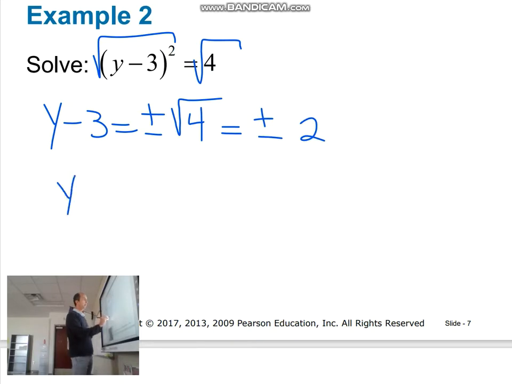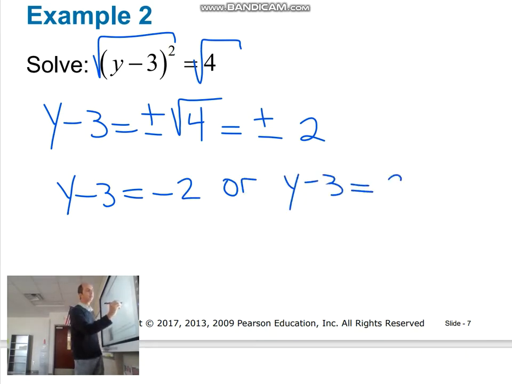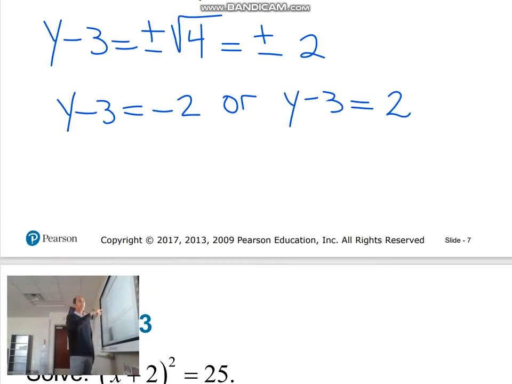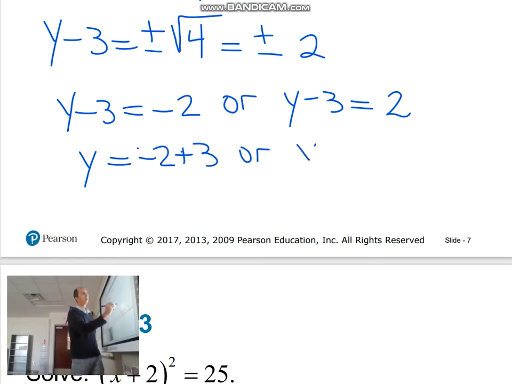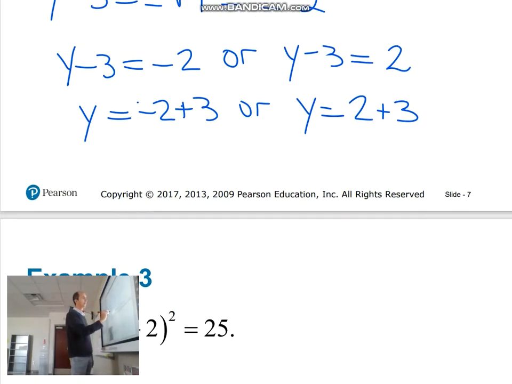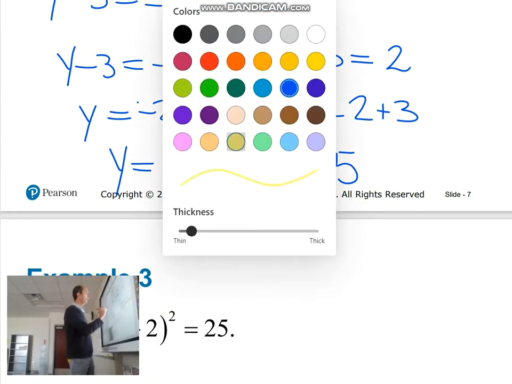That means y minus 3 can be equal to negative 2, or y minus 3 can be equal to positive 2. But you can simplify. You can apply the addition property of equality, move this negative 3 to the other side, becomes a positive, right? So it's negative 2 plus 3, or y equals 2 plus 3. The answer is y equals 1 or y equals 5. This is the answer to this example.